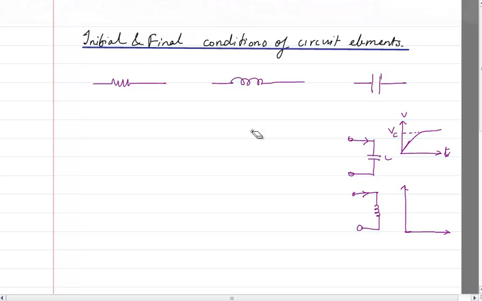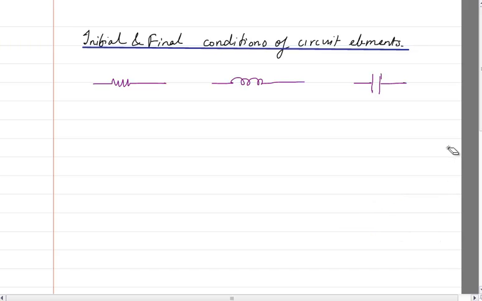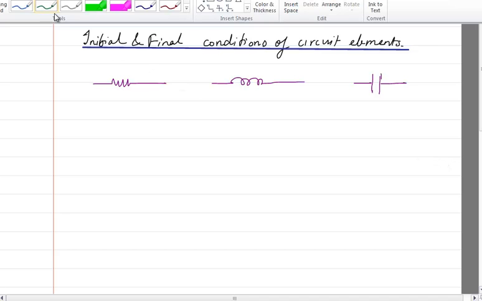This change in both these elements makes us think about what will happen when voltage or current starts to flow through the capacitor or the inductance. So we have the initial and the final conditions.